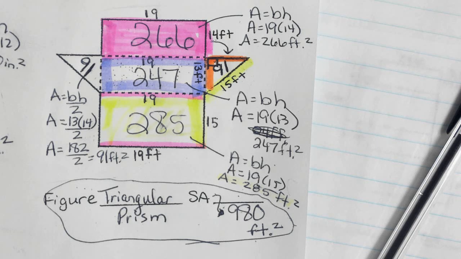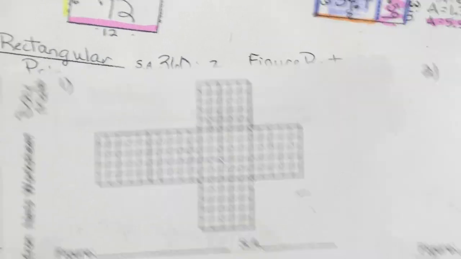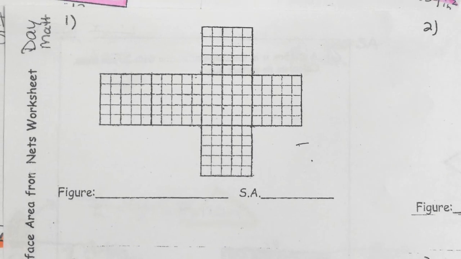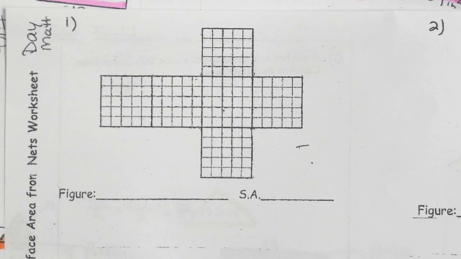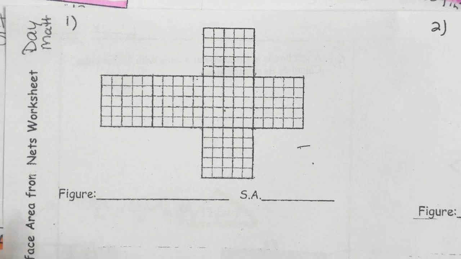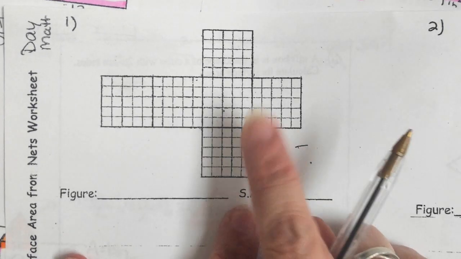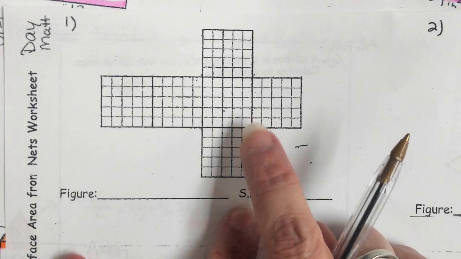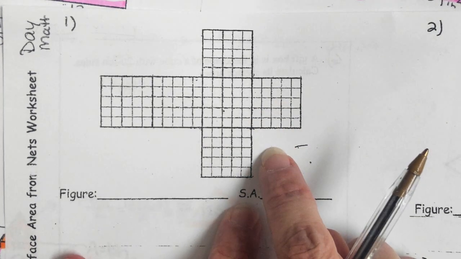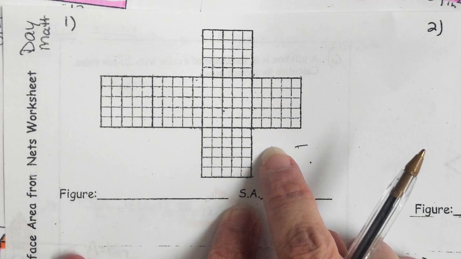Okay. So let me point you out a few things. It's not hard. This is the classwork homework for Wednesday night. The very first one, we go back to cute little boxes. But I'm going to be honest, I don't want you to sit here and count boxes all day.